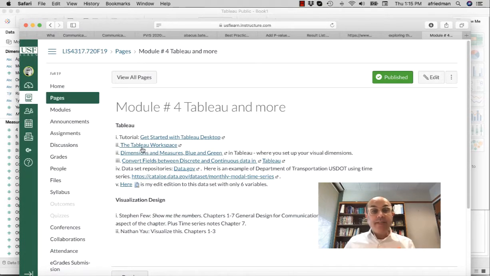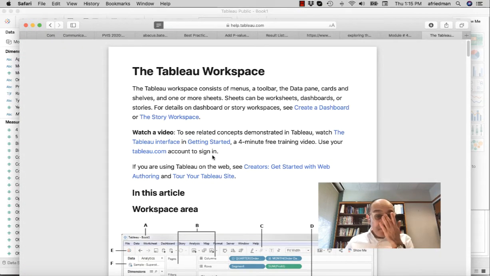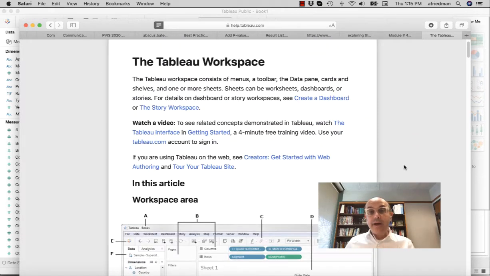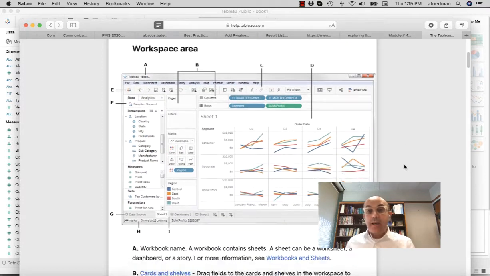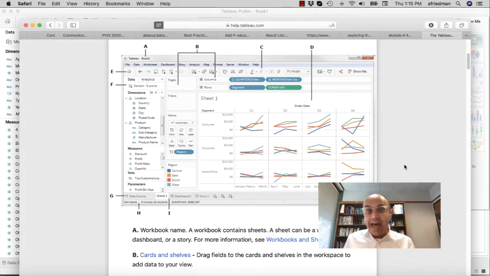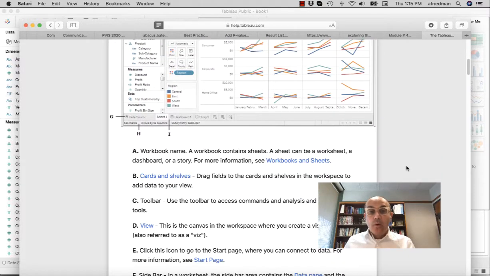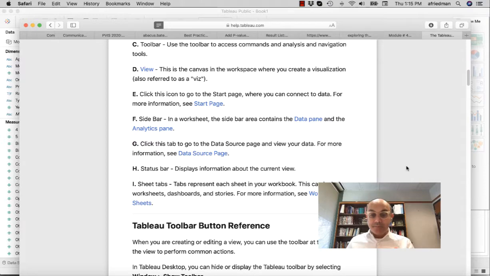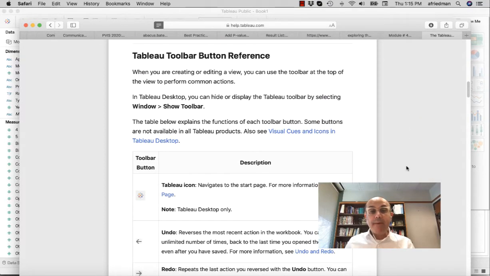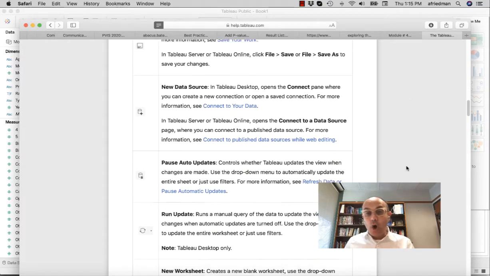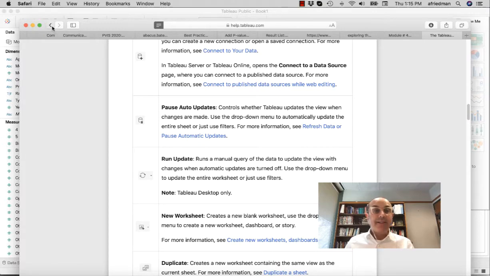And one of the things that they outline very well, better than I can, is the workplace. I did not go over that, and this is my fault. But it shows you what your workplace is, where the dimensions come into place, and where all the icons are inside.